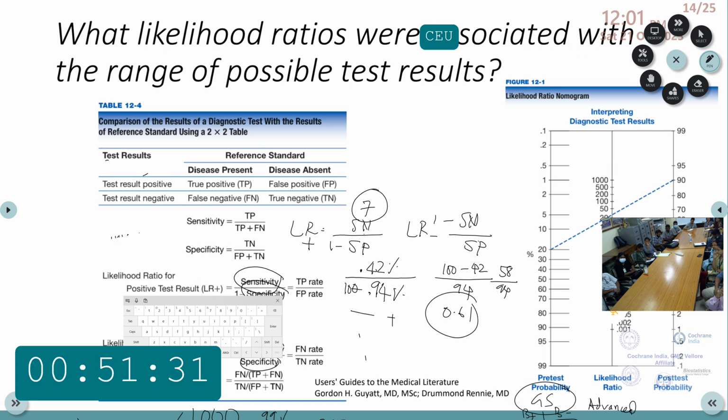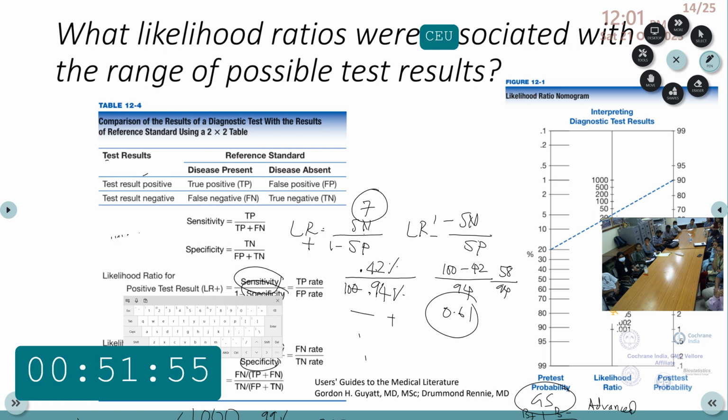So say, let's just assume in this example, we feel that there could be a 20% prevalence. And then after the test, we are able to calculate a likelihood ratio of 30. That means if this test was positive, this patient is 30 times likely to have the disease. So that's what it means.